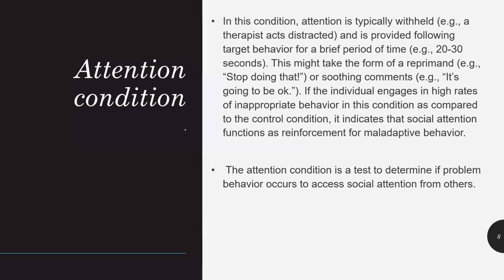If the child engages in high rates of inappropriate behavior in this condition, as compared to the control condition, it indicates that social attention functions as a reinforcer for maladaptive behavior. The attention condition is a test to determine if problem behavior occurs to access social attention from others.